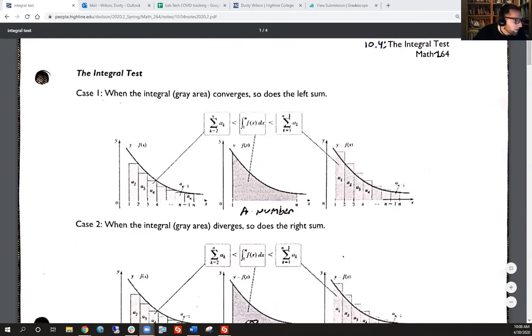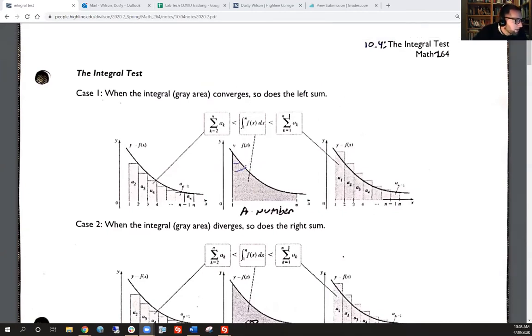What I want to comment on is that this is not a definite integral, it's an improper integral. Well, it would be improper if it had an infinity in it, because there's an n, depending on how you want to think about it.